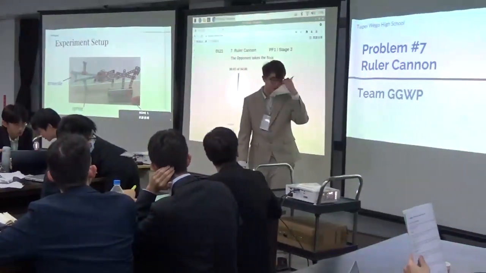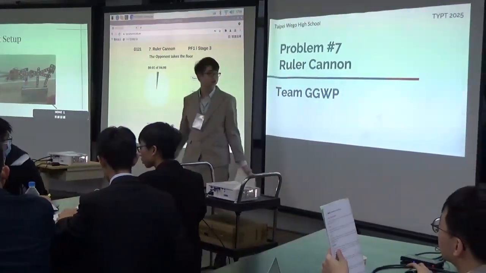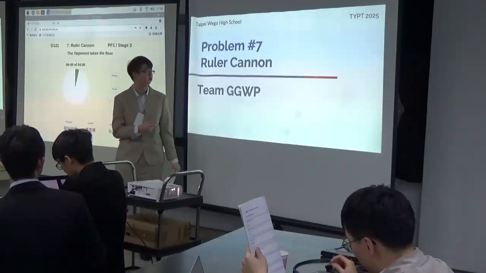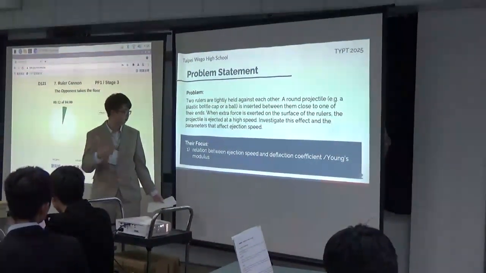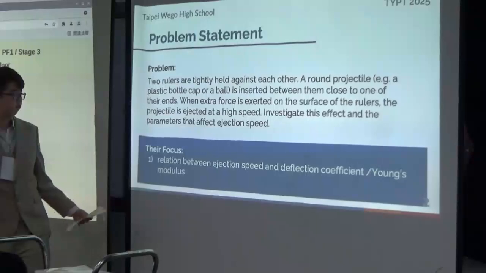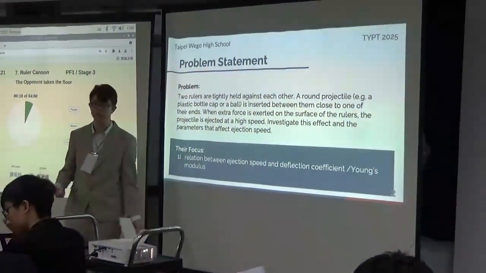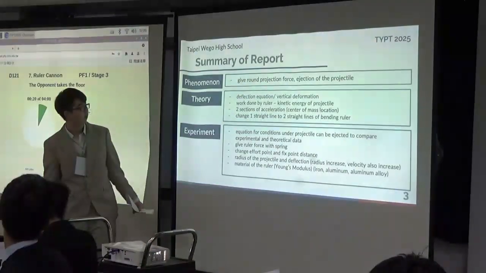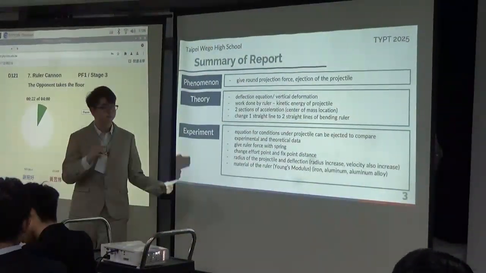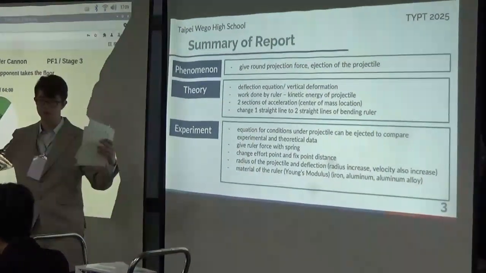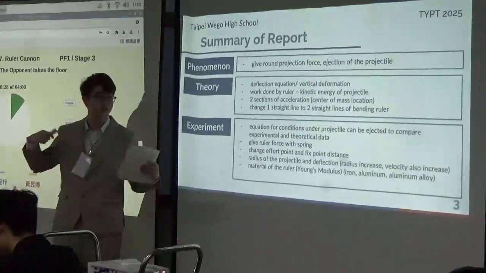Okay, so I'm the opponent from GGWP. I'm going to oppose and rebut some of the points the reporter raises. So this is the problem statement, and their focus is on the relationship between the ejection speed and the deflection coefficient, and also the Young's modulus. The phenomenon is that given a ground projectile and a force, the projectile will be ejected.